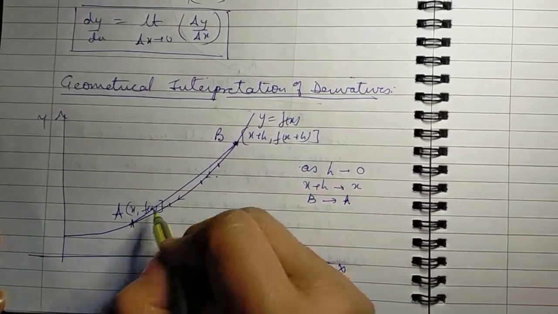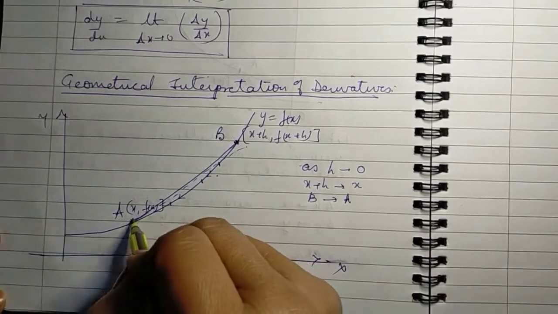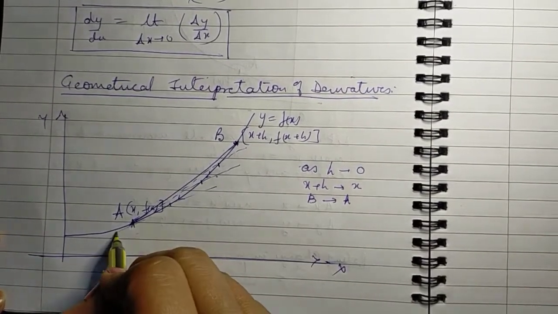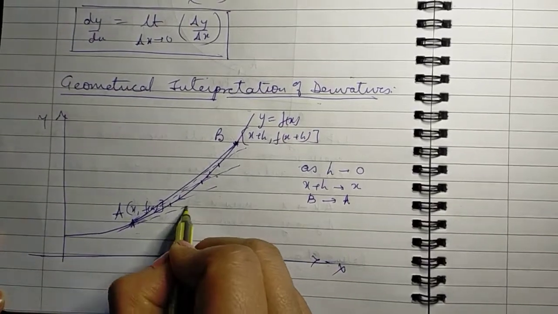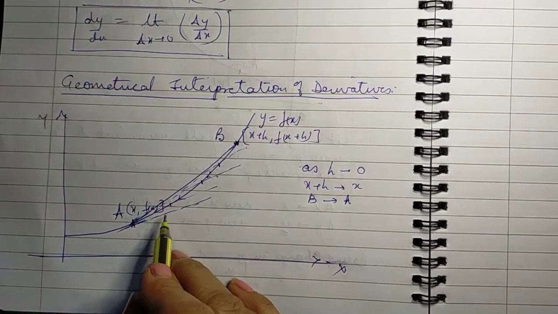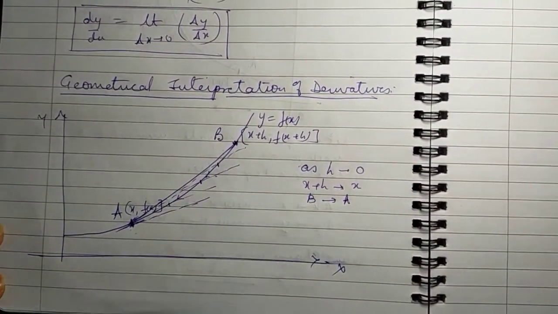So as it approaches A, what happens? This line AB becomes this, then closer, then closer. Ultimately, as it approaches A, the line AB becomes the tangent to the curve at A.